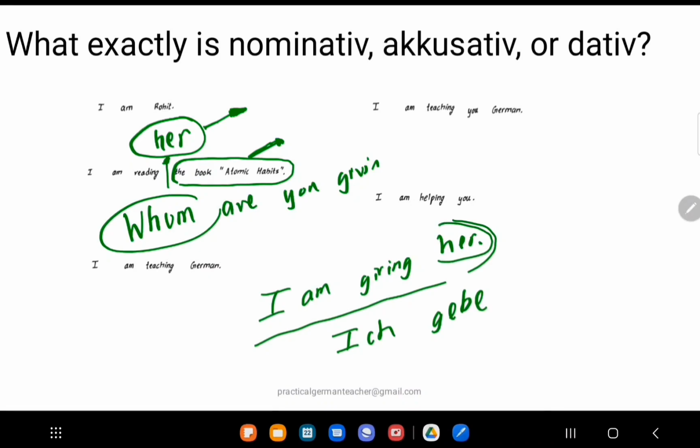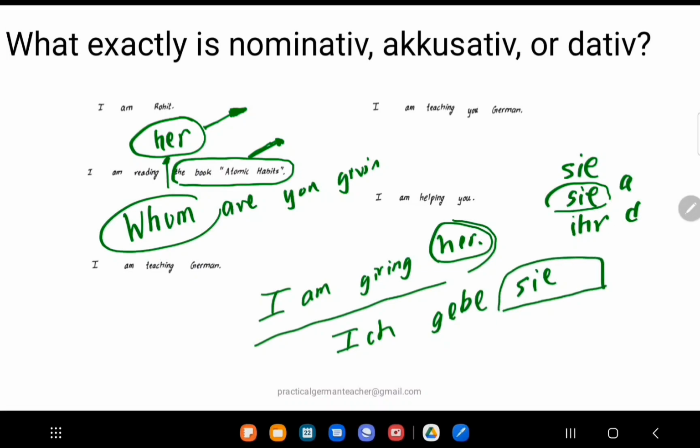Now if you mean you are just giving like a person to someone, I know it sounds weird, but let's say she is sie, and sie in accusative is sie, in dative it is ihr. Now if you just write sie over here, that will be the accusative one. Now this one will mean that you are giving away her, okay? But if you write ihr over here, it will mean you are giving her something, okay? I hope you get the point.